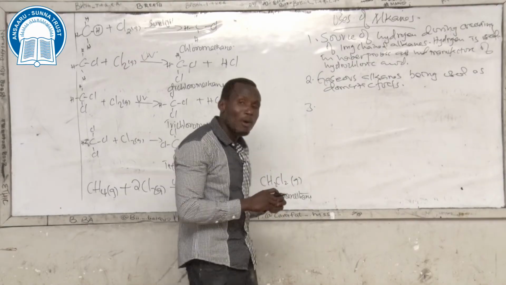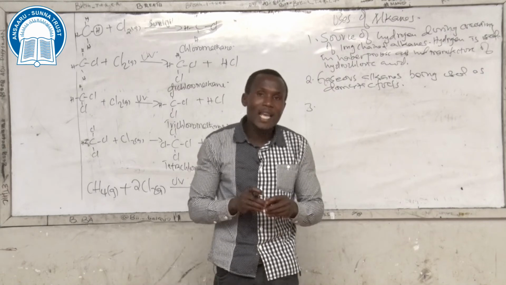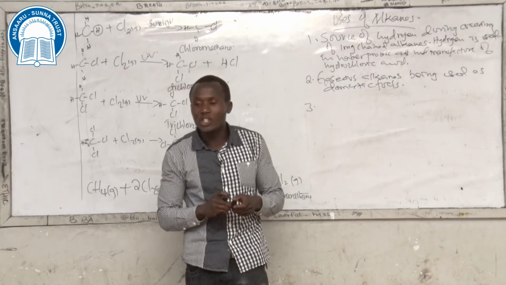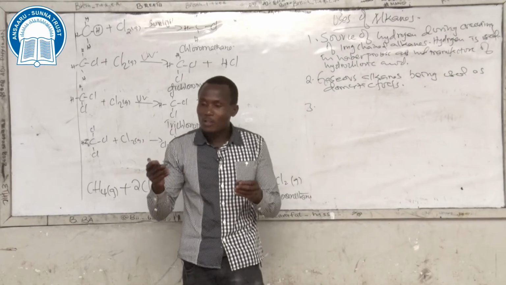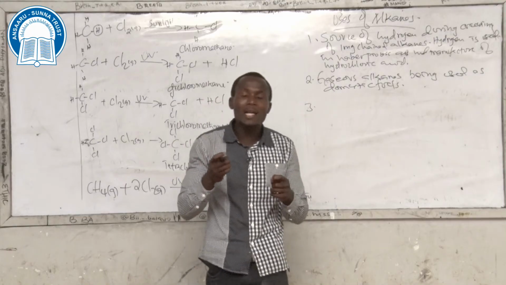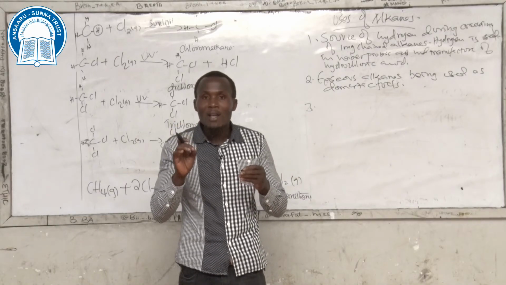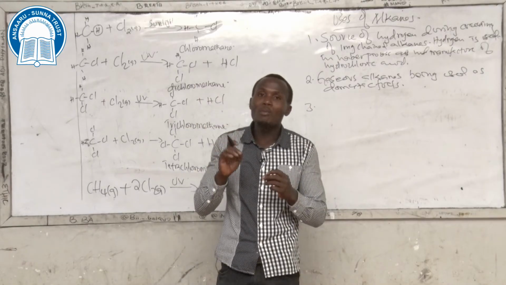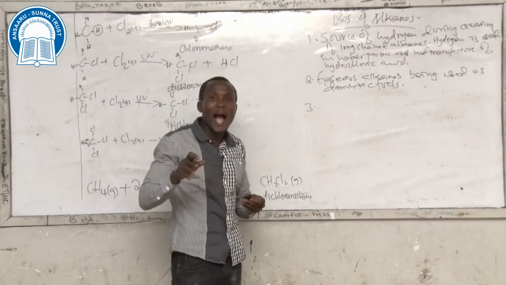And the third one, we have alkanes which are also being used in making of carbon black. Carbon black is a component of printer's ink or even shoe polish. We have the Kiwi shoe polish. For that shoe polish to be black, the way it looks, there is a substance known as carbon black, which is obtained from alkanes being added there.